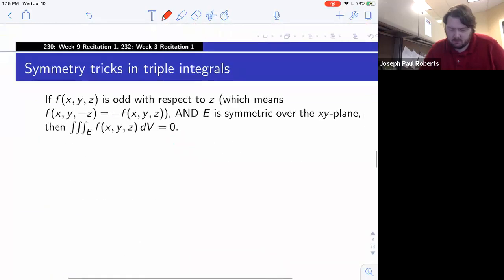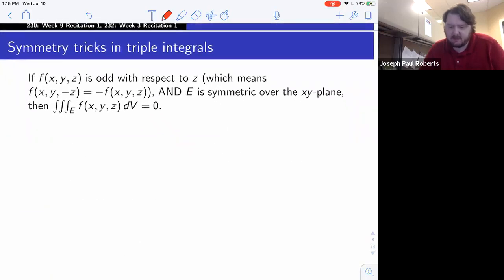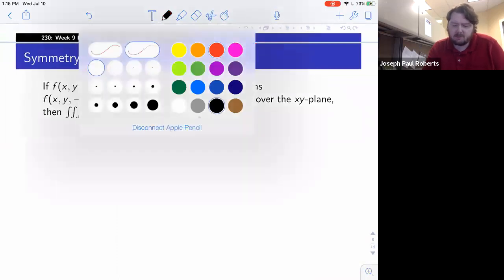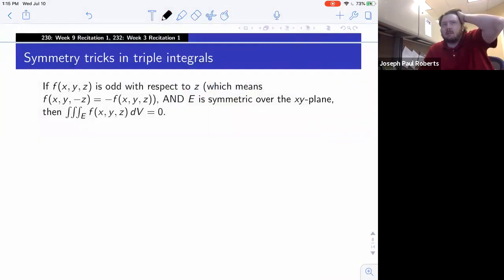So I think what I wanted to do next today is to just extend some ideas that we talked about at the beginning of last week. For 230, that would have been week 8. For 232, that would have been week 2, when we talked about odd symmetry and how that can give you some shortcuts for calculating certain double integrals.